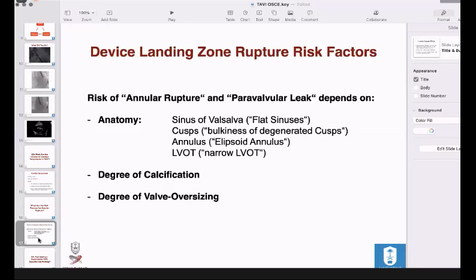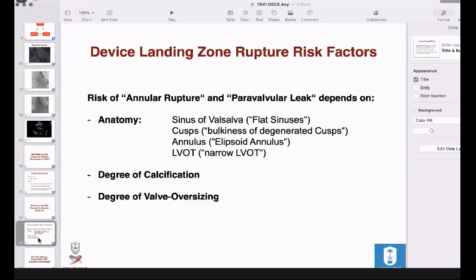So remember those three things: the degree of calcification, the degree of valve oversizing, and the anatomy of the sinus. You look at the sinus of Valsalva, the anatomy of the cusp, the annulus, the LVOT. So you go anatomical from the LVOT, annulus, cusp, sinus, so you don't forget.